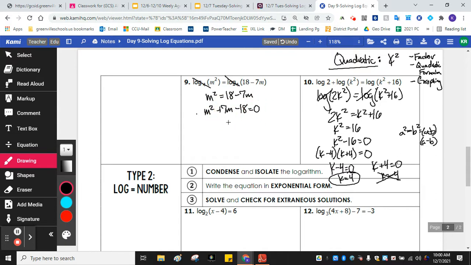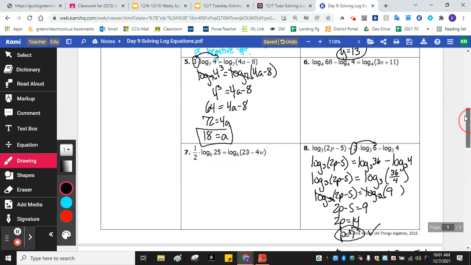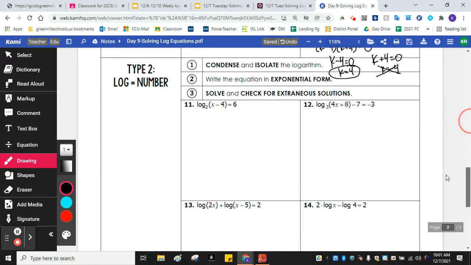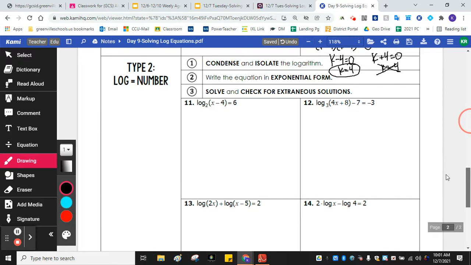Add it over to 7m, subtract it over 18. This is a trinomial, so unlike difference of squares, I have to know what multiplies to -18 and adds to -7. You can finish it from here. I just wanted to help you remember how to do that. I am going to check that you finish your notes, so please make sure you finish your notes.